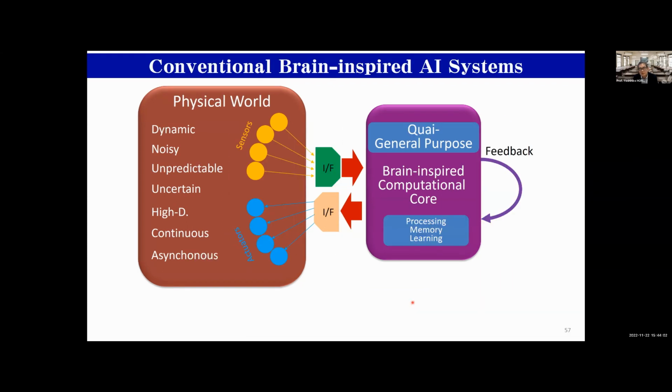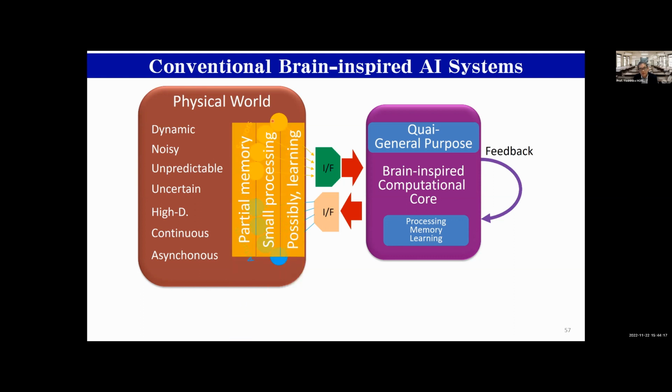Okay, so this is the structure of current brain-inspired AI systems, such as, let's say, DNN systems. Again, sensors and actuators are deployed here, but maybe partial memory, small processing, and possibly learning are implemented in those sensors and actuators. And the processing core is maybe quasi-general purpose and brain-inspired.